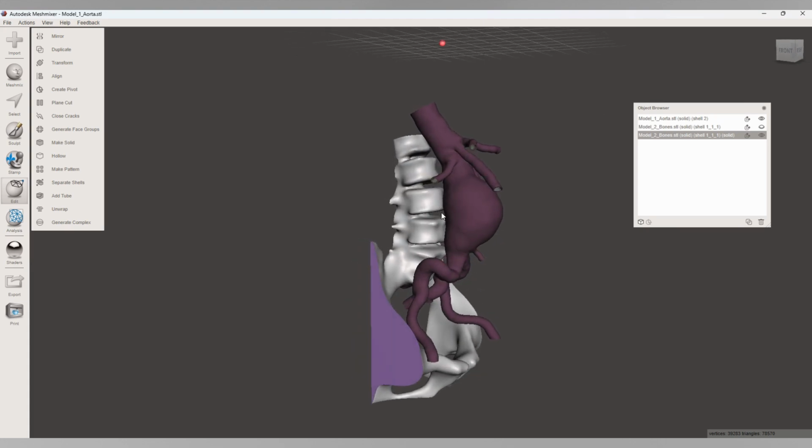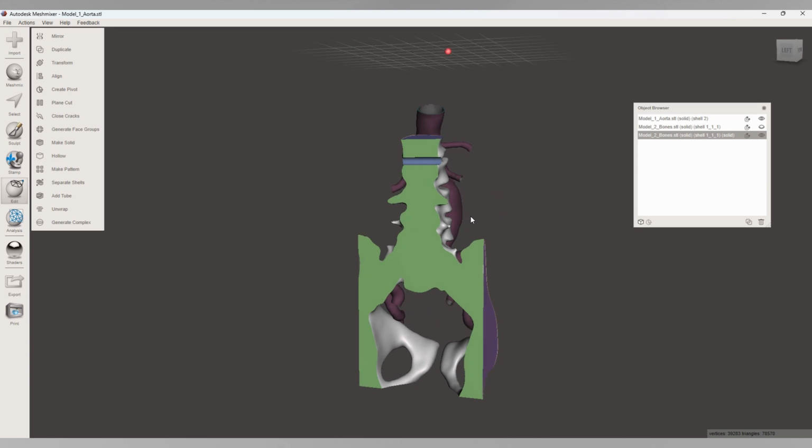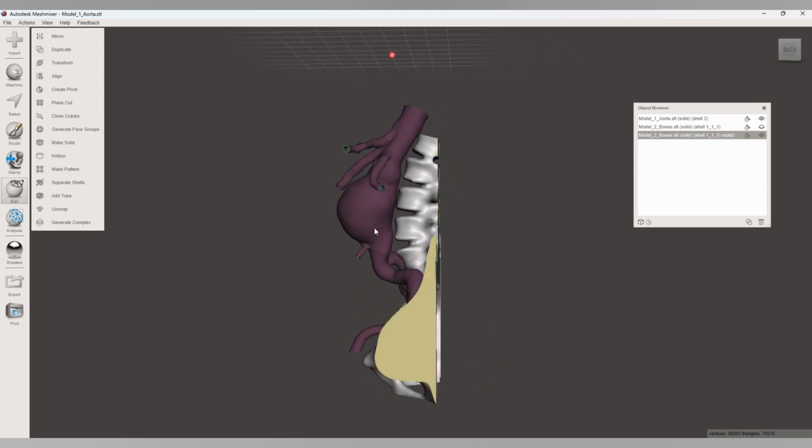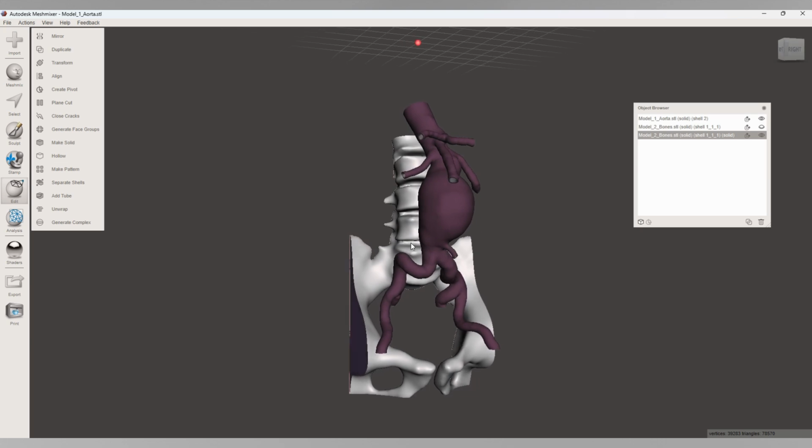The final 3D model features a very detailed replica of the pathological situation of the patient's aorta. The post-modeling process took about 50 minutes.